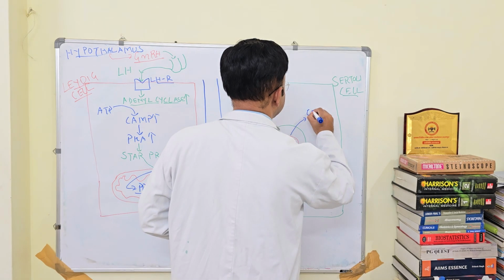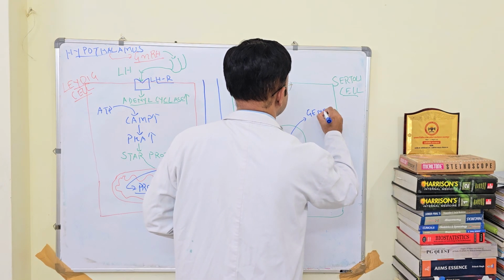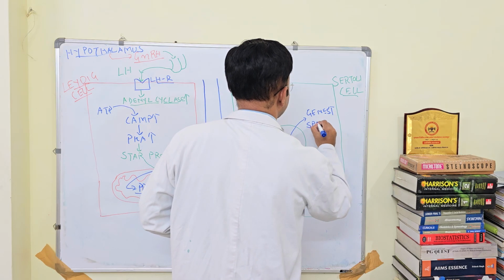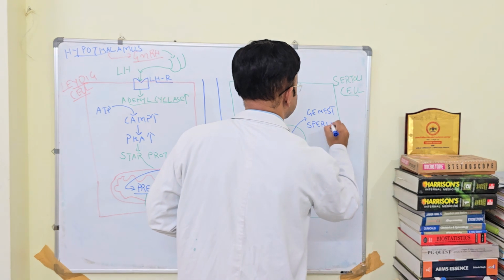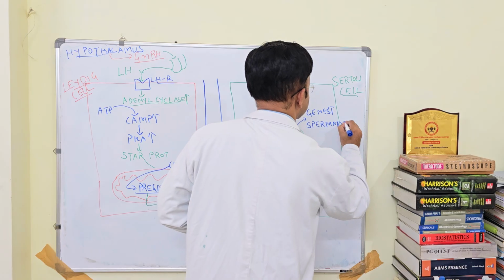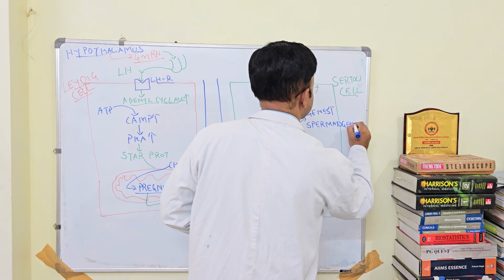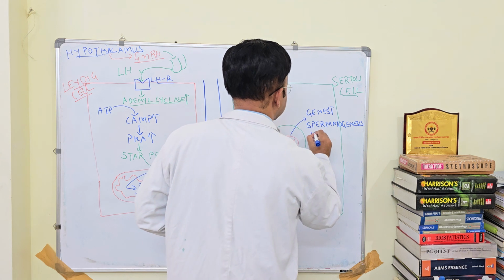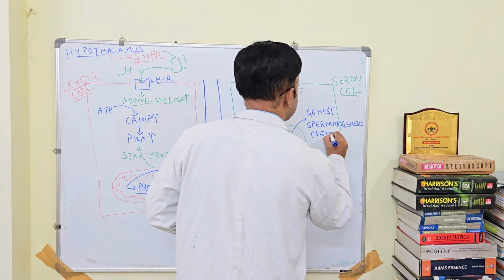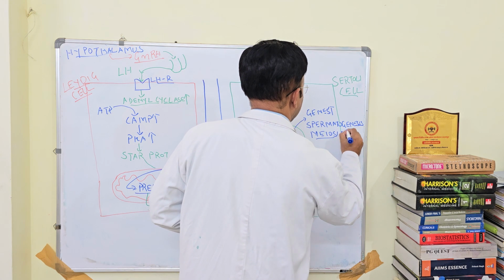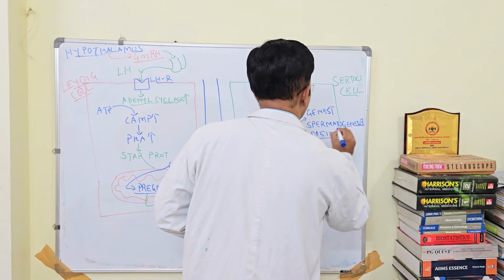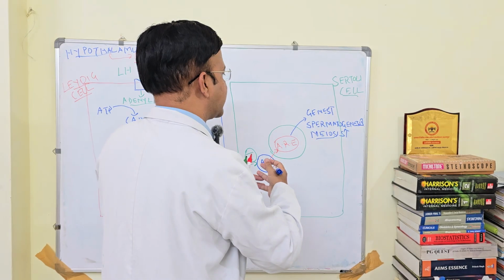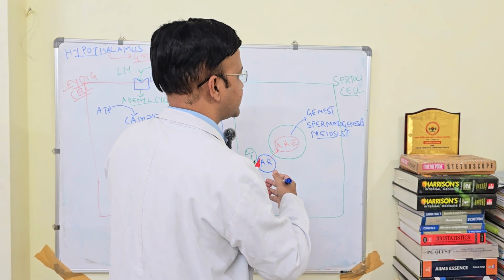It is going to stimulate the genes. Which genes? Which do spermatogenesis, meiosis, and apart from that, it is also going to increase the synthesis of proteins which maintain your blood testis barrier, right?